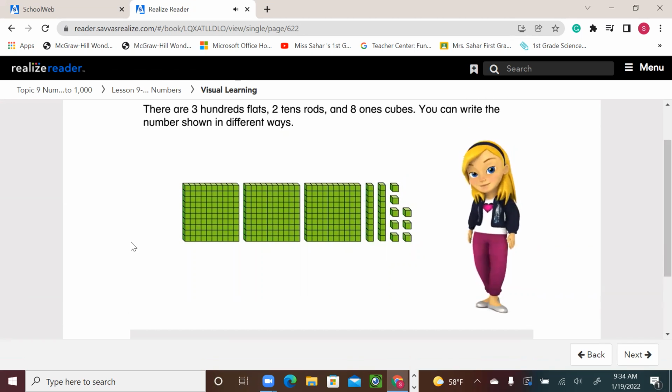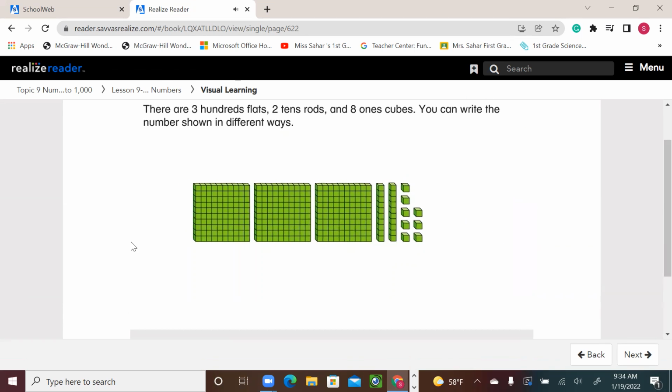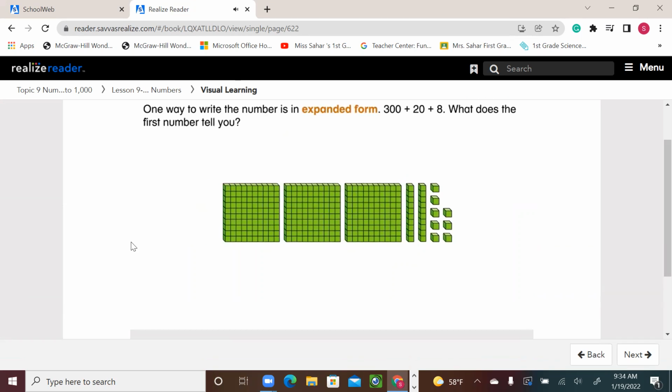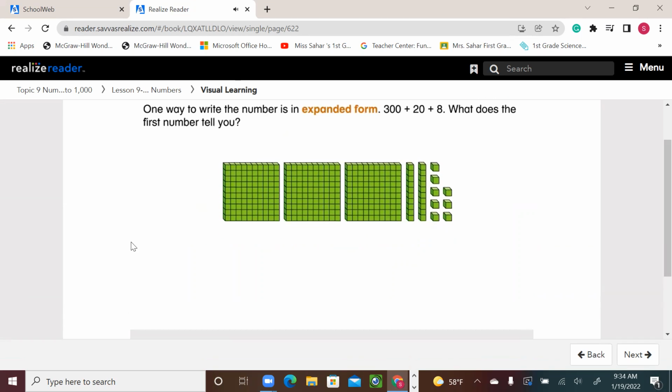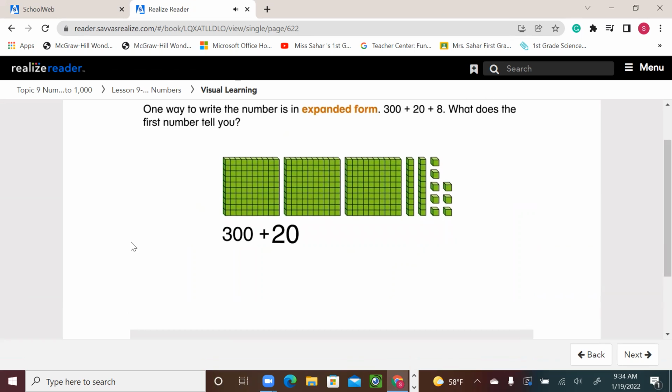You can write the number shown in different ways. One way to write the number is in expanded form. 300 plus 20 plus 8. What does the first number tell you? It tells you there are 3 hundreds. What does the second number tell you?